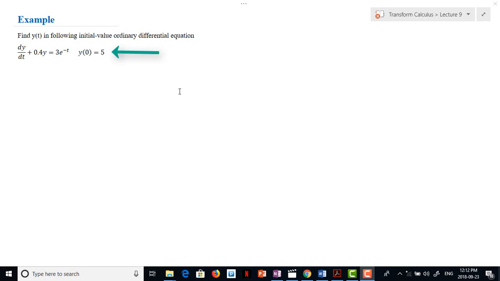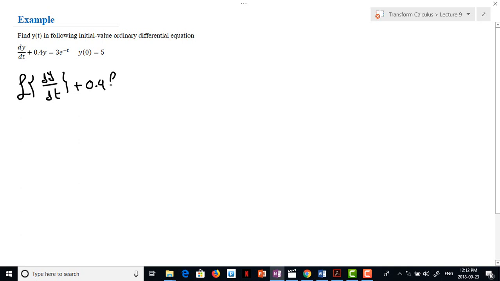So in order to use Laplace transform to solve this problem, we have to take Laplace transform of both sides of the equation. So for the left hand side of the equation, we have Laplace transform of dy over dt plus 0.4 Laplace transform of y, and then we have to take Laplace transform of the right side of the equation, so 3 times Laplace transform of e to the power of minus t.